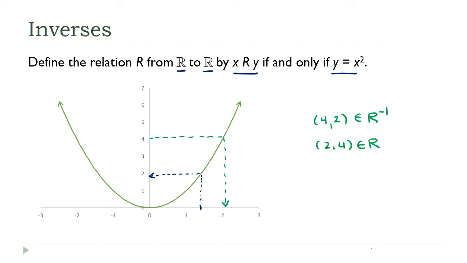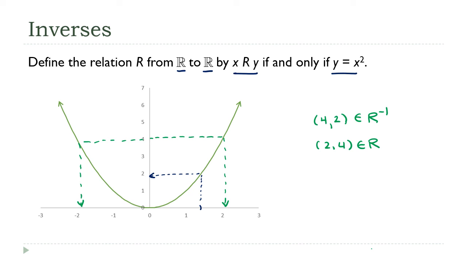Now there is another point though. I could have gone the other way. I could have taken this 4 and gone over this way and ended up down here on -2. And remember, that would have been fine. With relations, we do not have that requirement that each x value goes to one and only one y value.